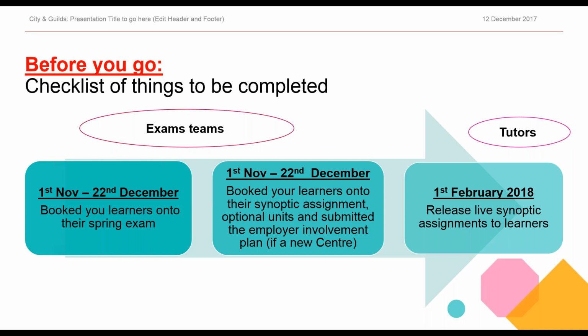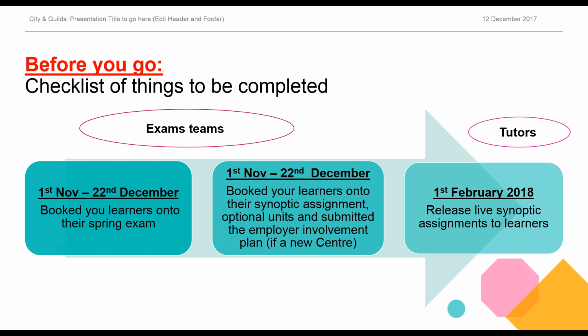The reason we're asking you about the optional units at the moment is we want to be able to, on the portal, build a learner profile for each of your learners to ease things for you when you upload your evidence. If you decide that an optional unit you want to choose, but you want to change it and you feel actually some learners maybe decided to use epilation and you've got some learners that maybe are going to struggle with epilation, it's not written in stone.